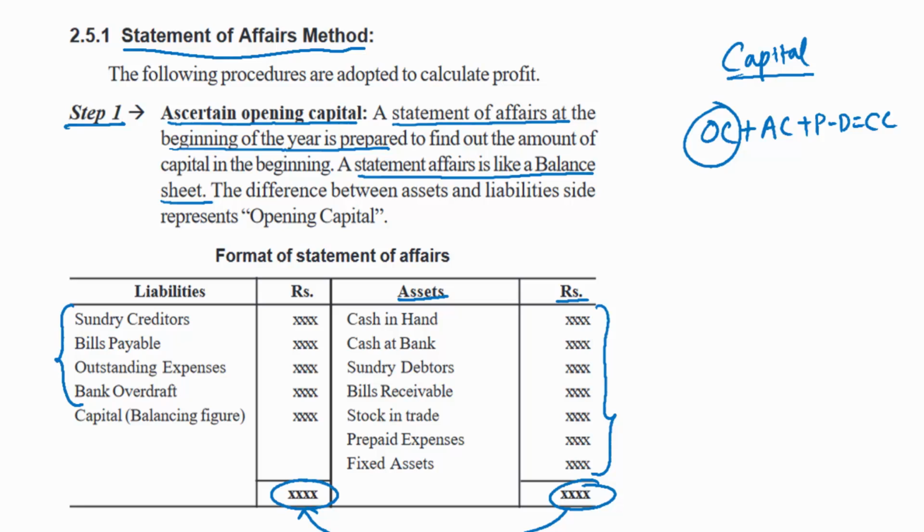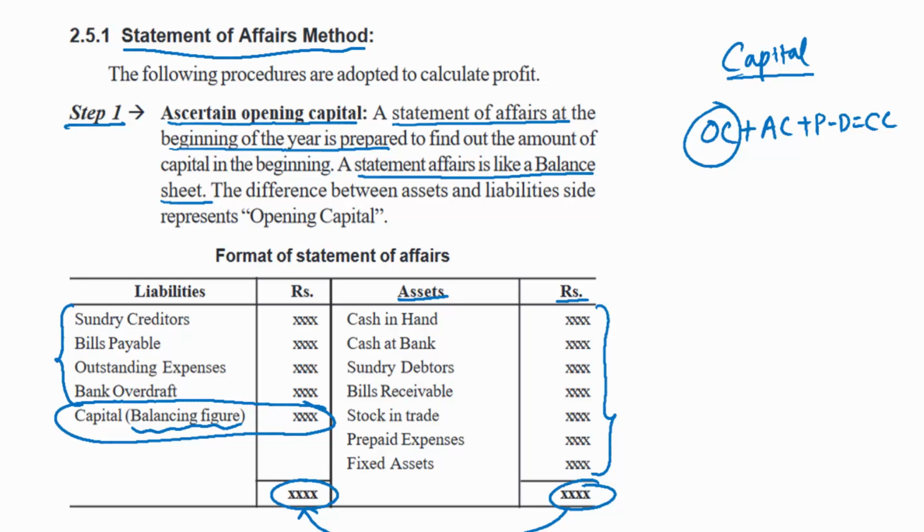Then there will be a difference, and that difference will be called capital. Here, if you notice, it is mentioned as the balancing figure. So we are deriving the opening capital like this.